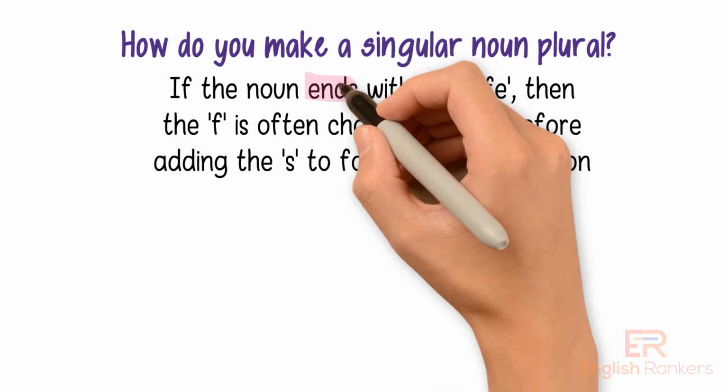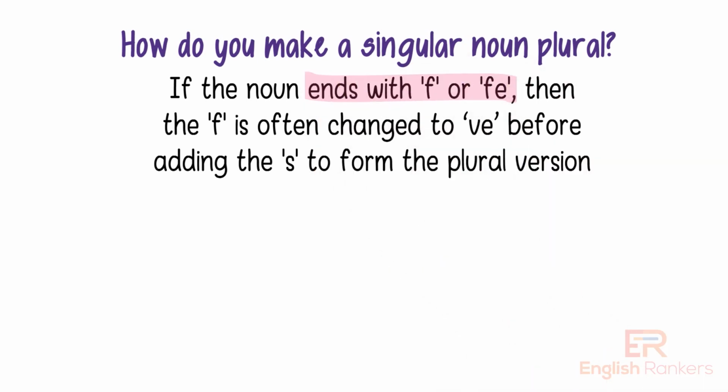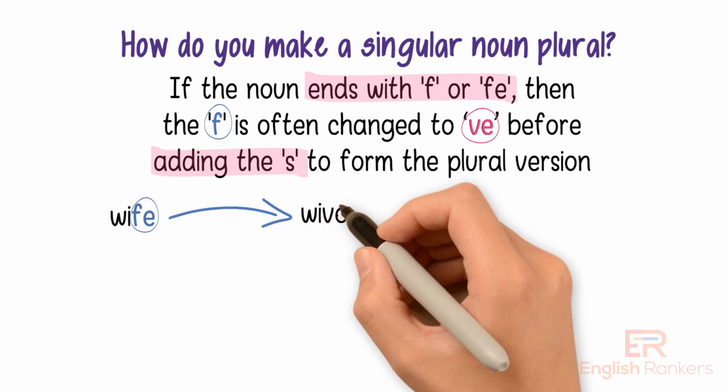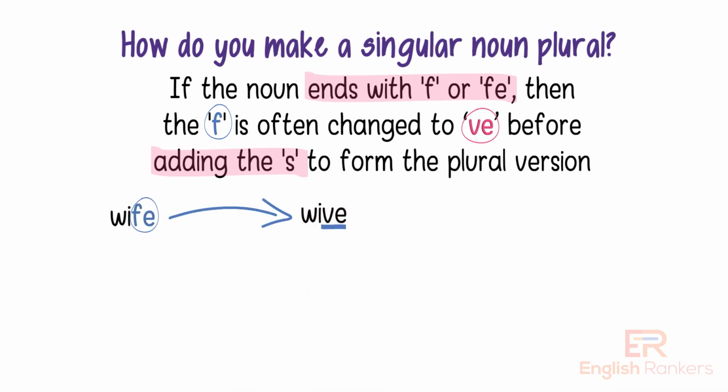If the noun ends with F or FE, the F is often changed to VE before adding the S to form the plural version. Like wife is ending with FE, then FE will change to VE and S will be added to make it plural.